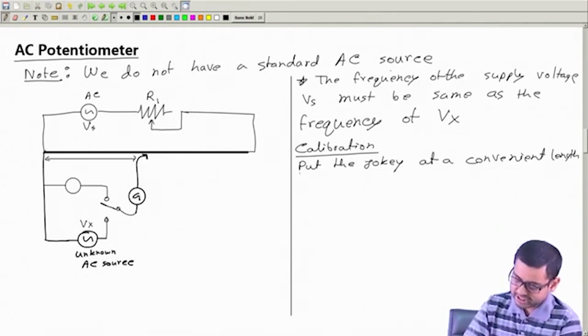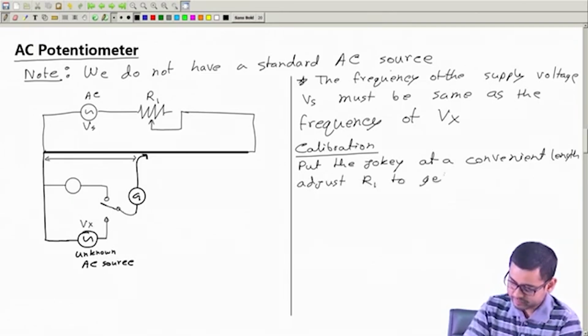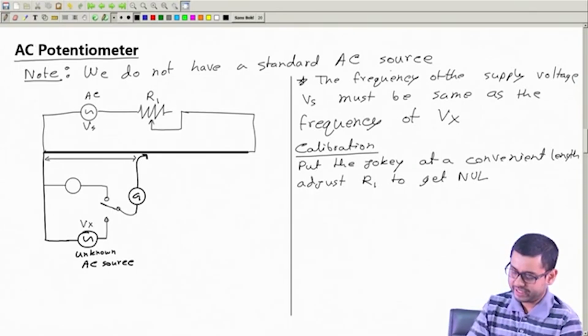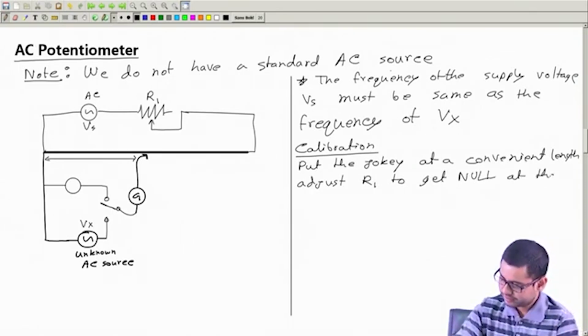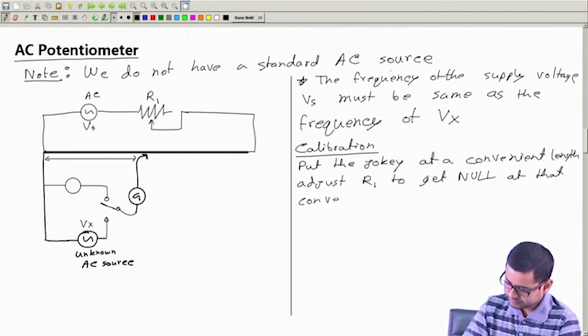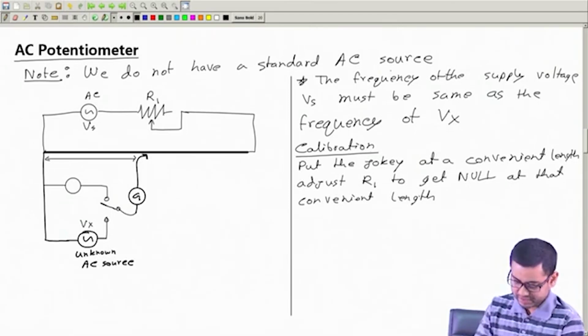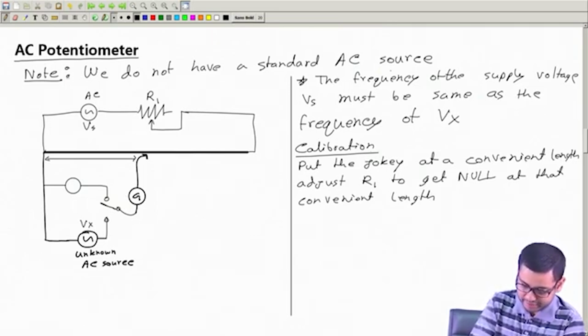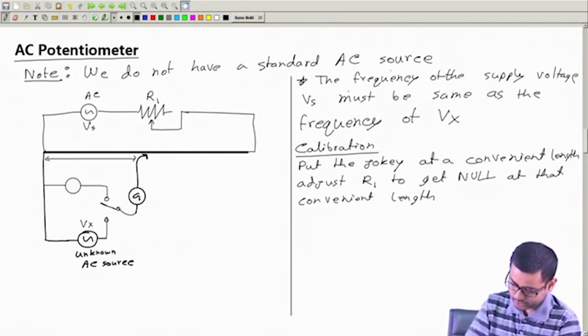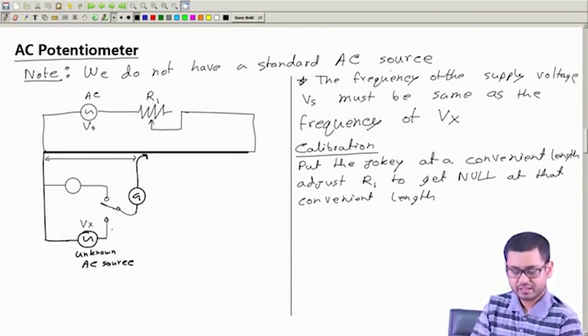Instead, adjust rheostat R1 to get null at that convenient length. That is what calibration is. But as I already have said, the problem is we do not have a standard AC source. If we had a standard AC source, we would have done this in the same way as we did for the DC. But we do not have a standard AC source.